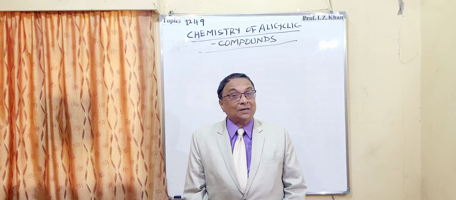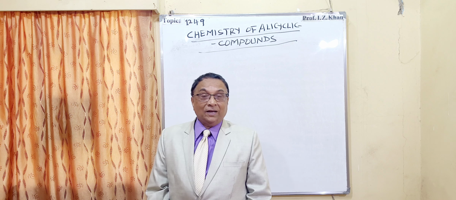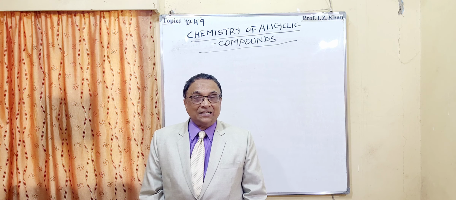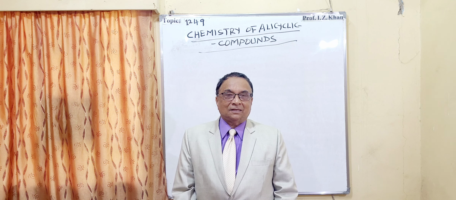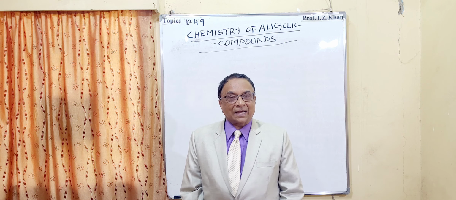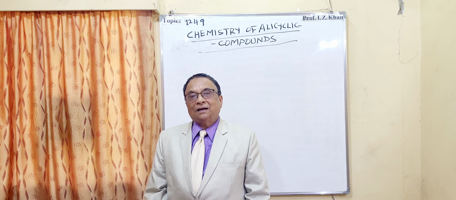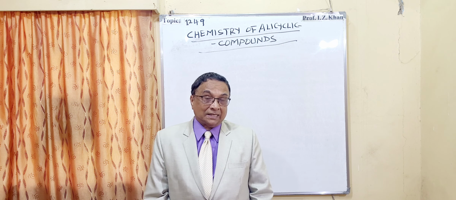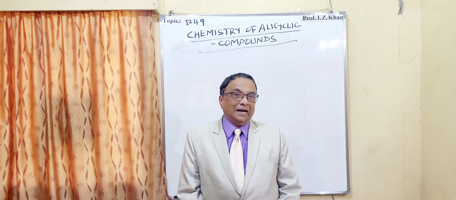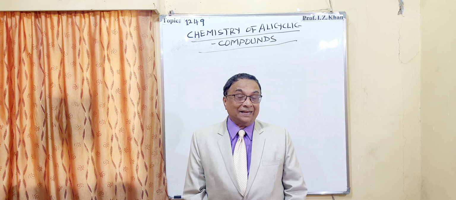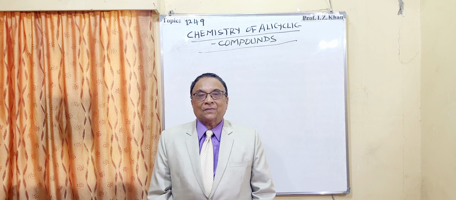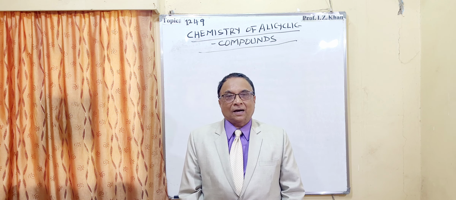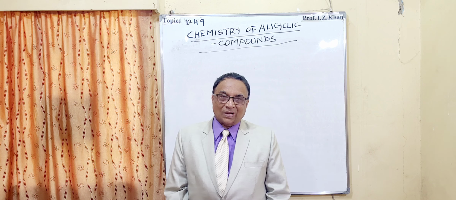That's why the class of compounds where the ring is formed by aliphatic carbons is called alicyclic chemistry, and whatever compounds are synthesized or isolated which are having a ring of constituting aliphatic carbon are known as alicyclic compounds.